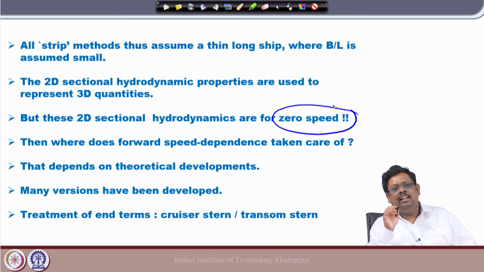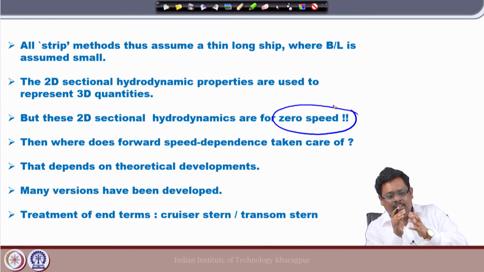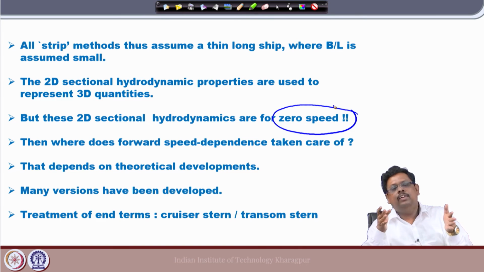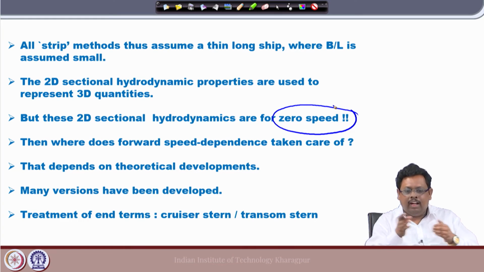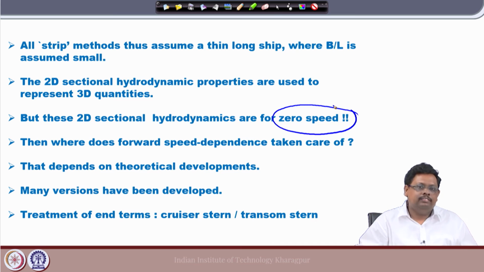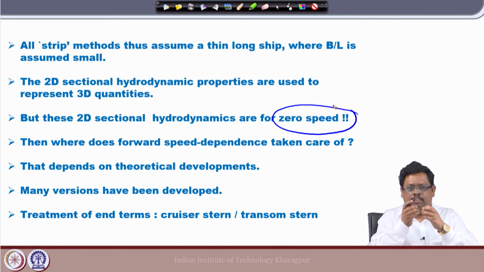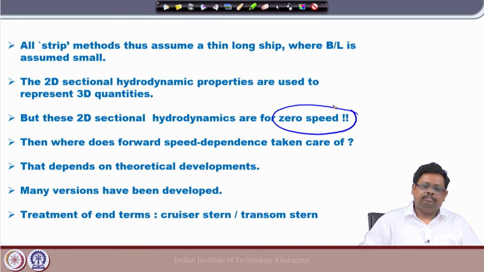Now, if you think of the strip theory in a very simplified way, I have the two dimensional strips, I integrate them, and I get the three dimensional overall property. No, it is not like that, because these two dimensional properties, the radiant mass and the two dimensional damping, we are all getting for the 0 speed.